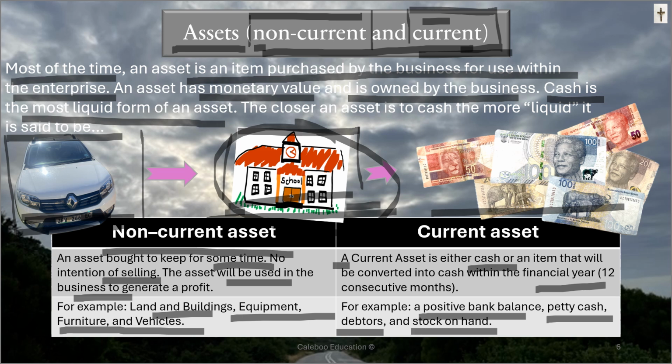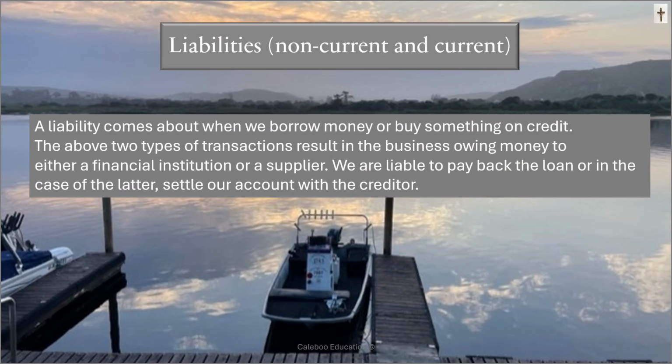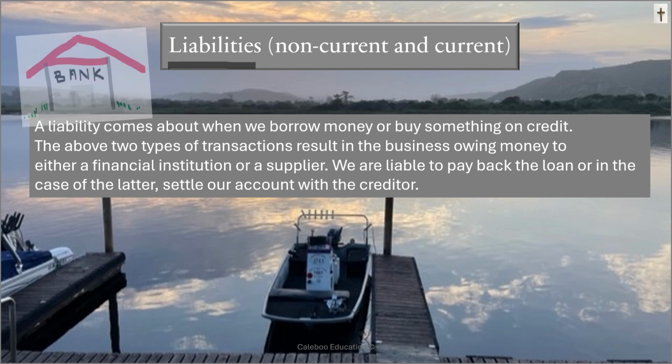So there we go. All businesses need assets in order to operate. Most businesses need to borrow money in order to operate, and this results in a liability.